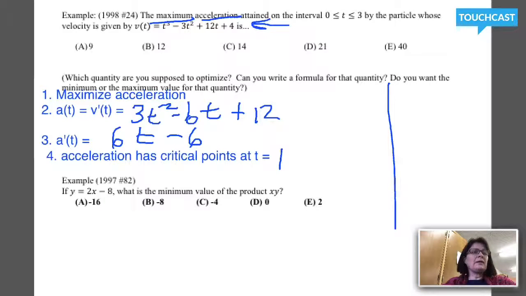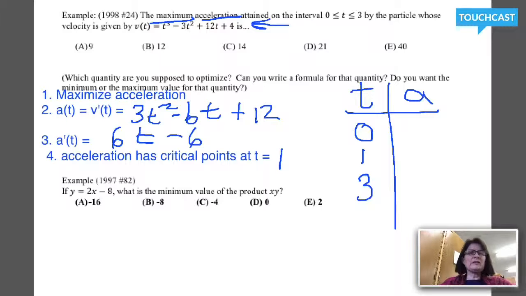So here's my table. My inputs are times, my outputs are accelerations. The input values that go in my list are endpoints, which were 0 and 3, and any critical points, which we said were 1. Now I'm going to find the acceleration at each of those values.